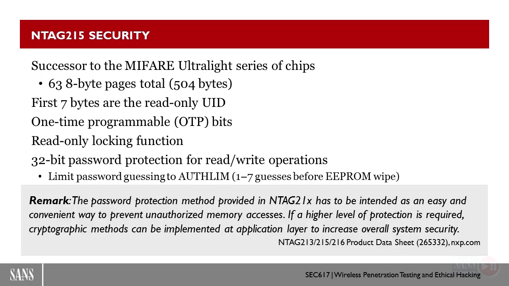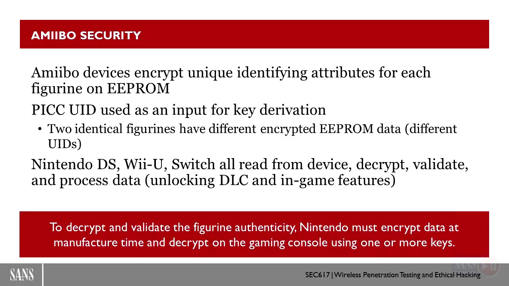That's pretty cool. However, Nintendo did some things that maybe made a determined attacker want to be able to gain access to it. So by looking at the devices, the Amiibo figures, they did do some encryption on the NTAG 215. You did have to have some keys to authenticate to it.